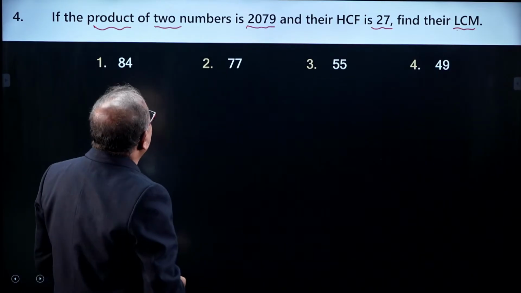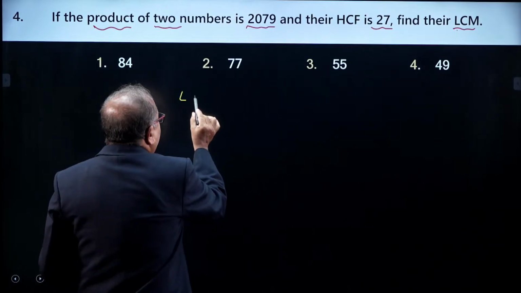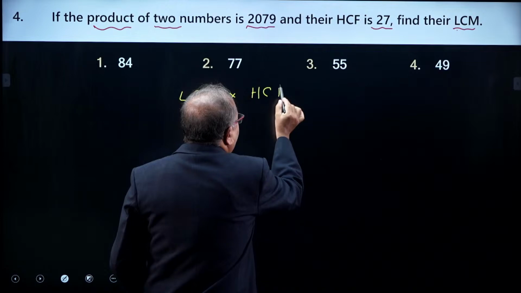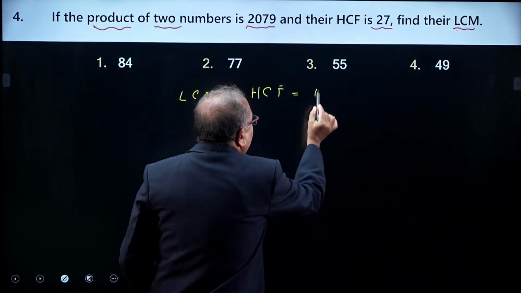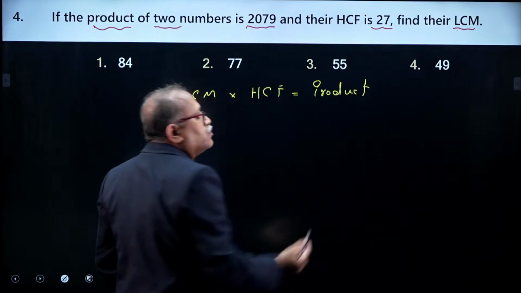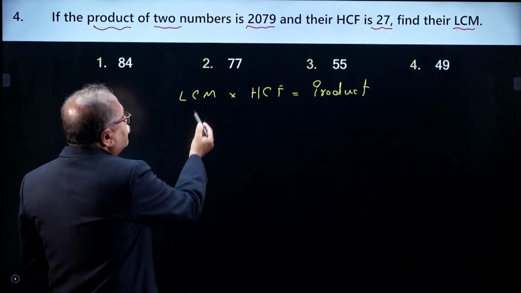Here we know the very basic formula: LCM into HCF is equal to the product of two numbers. So what will be my LCM?